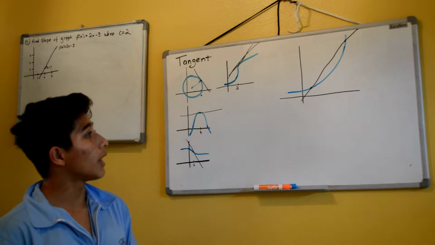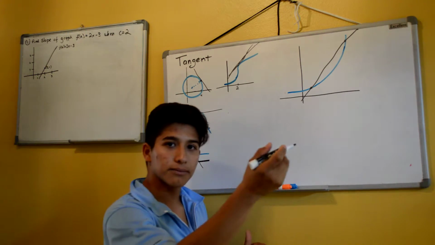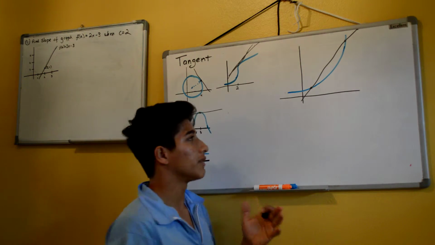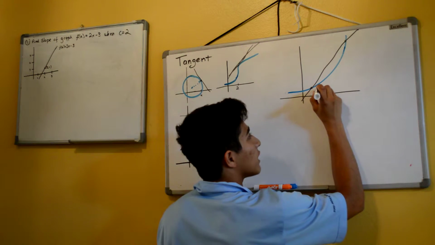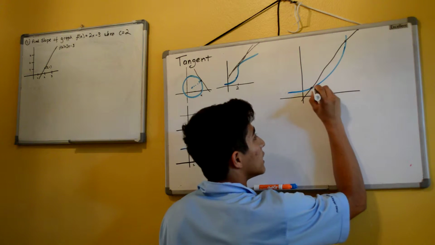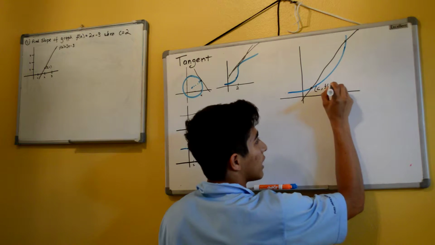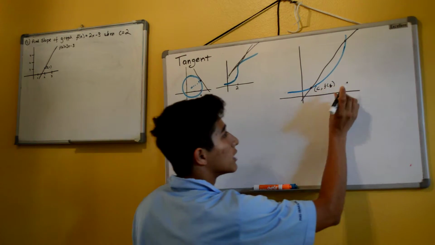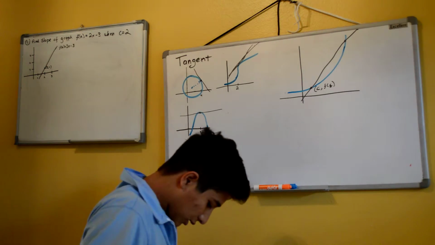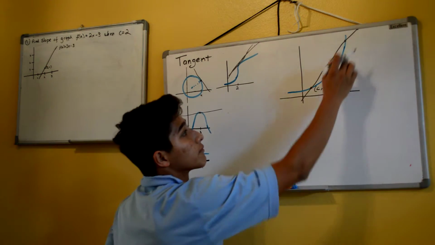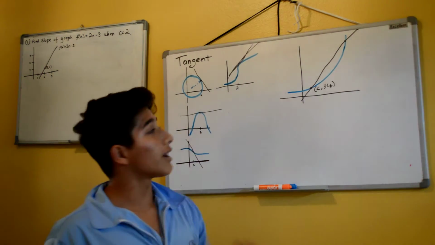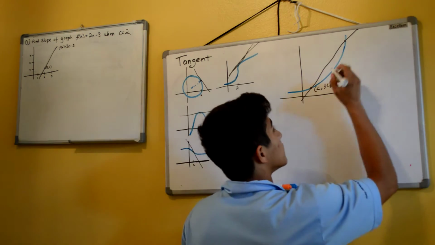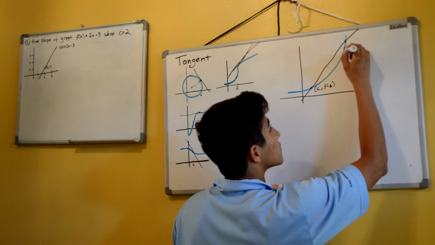Alright, so I'm going to give each point its respective x and y value. So our x value here is going to be c, and the y value is going to be, well, f of c. Alright, there we go. So then the x and y value over here is going to be a little different.